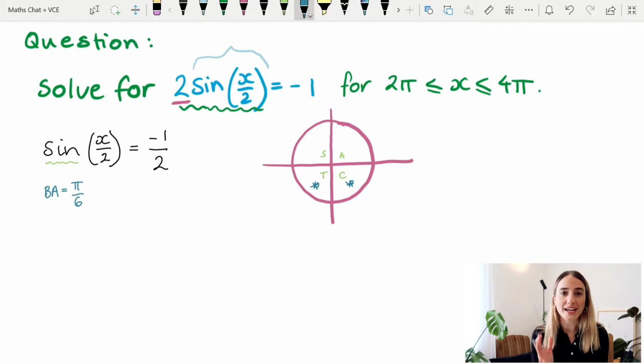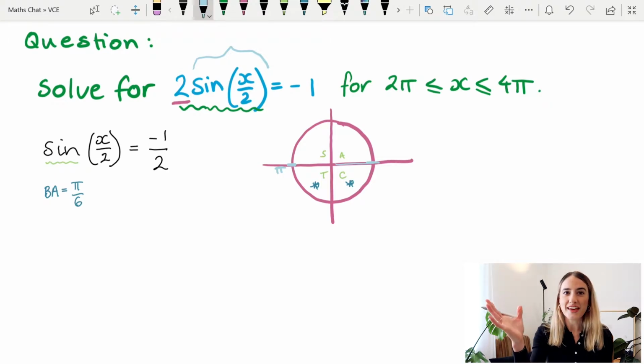Okay, now I'm going to draw in where the pi on 6 exists in this unit circle so that you can get a visual idea of what we're working with. If I was going around from 0, so I'm starting here, I know that this is pi. So that means there's 6 pi on 6s that fit within that half circle.